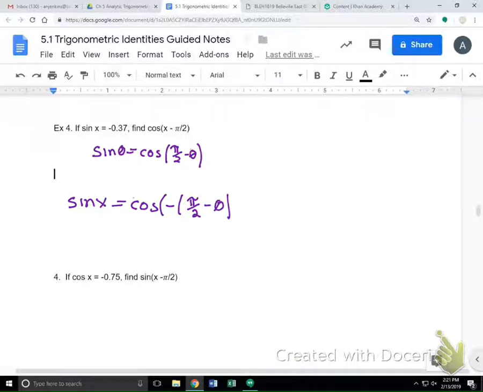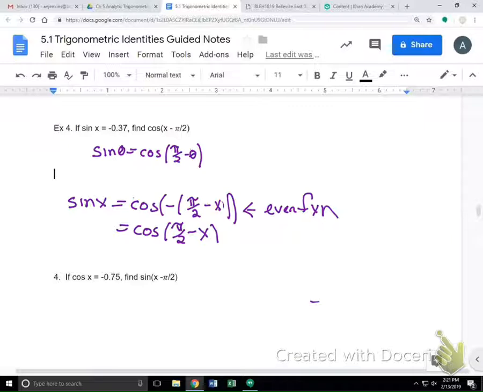So we're going to have a negative pi over 2 and a positive x. Cosine is an even function, which means that it's equal to cosine of pi over 2 minus x.